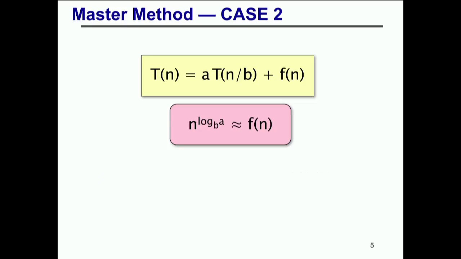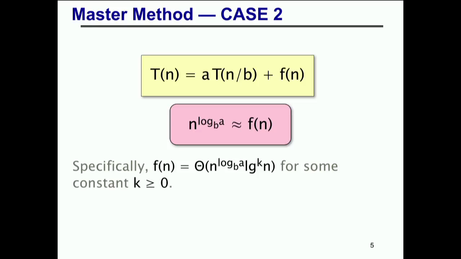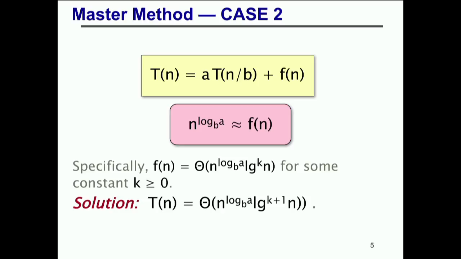And the other case, when they're equivalent, more or less, it will solve to, again, n to the log base b of a, except now there's going to be a polylogarithmic factor, which is log n to the k for some constant k. It's almost, again, n to the log base b of a, because in computation theory, most of the time people will ignore logarithms.